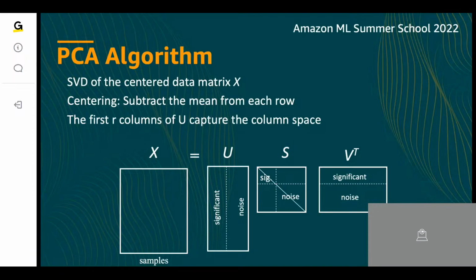In principal component analysis, you are saying that the first R columns of U and the first R rows of V are significant. The rest is noise, right? In terms of S, remember that this is a diagonal matrix as it comes out of SVD. So most of your signal is sitting on the top diagonal elements.